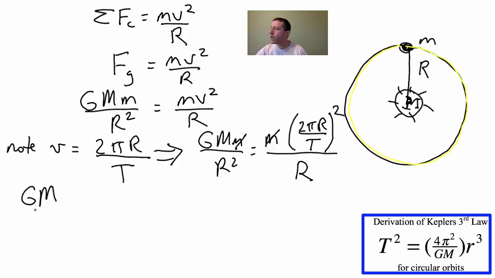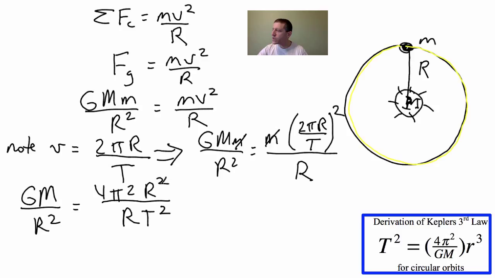Big G, big M over r squared equals, when I do this, I get 4 pi squared, because I just squared 2 pi. We get r squared, and then on the bottom here, this is r times T squared. So I'm going to do some cancellations. This cancels that, so that goes away. And then I'm going to just move things around a little bit here.